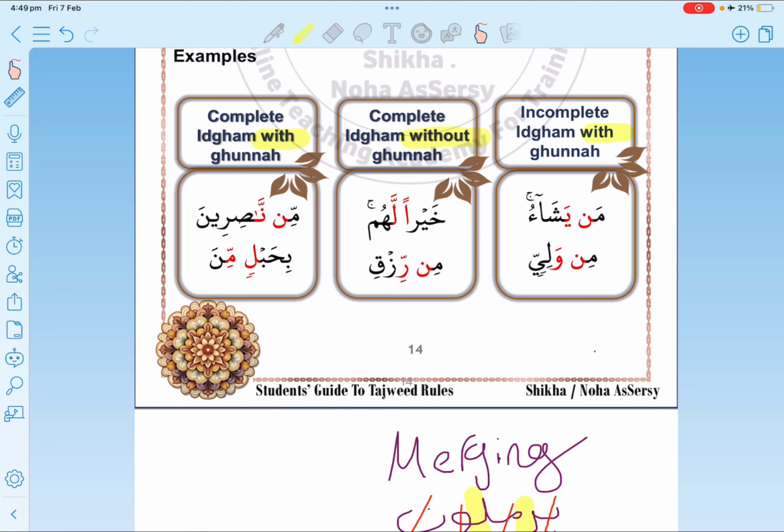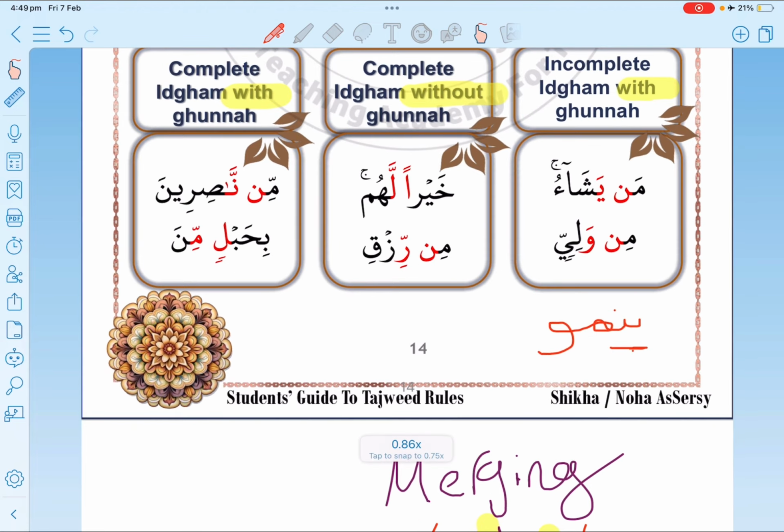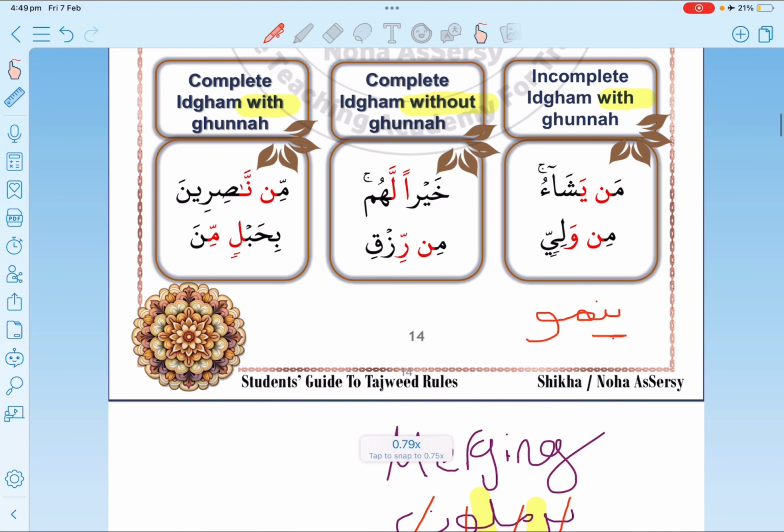For example, we can say here yanmu. Now, without ghunnah, we said that there are 2 letters, lam and ra, just 2 letters. What about with ghunnah? With ghunnah, they are gathered in the word yanmu, which are 4 letters.